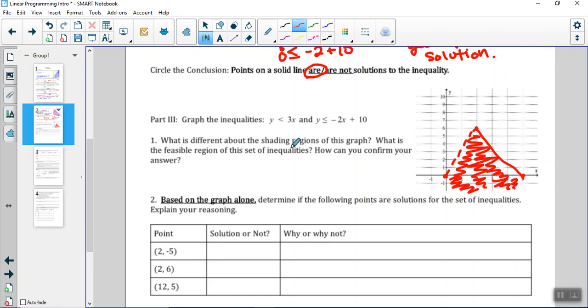So what is different about the shading regions of this graph? What is the feasible region and how can you confirm your answer? So we could check points. So the shaded region is different because we have two inequalities. The feasible region is where the inequalities overlap.